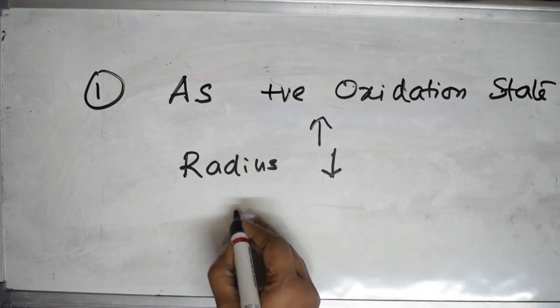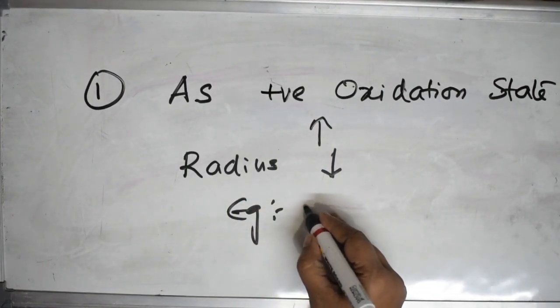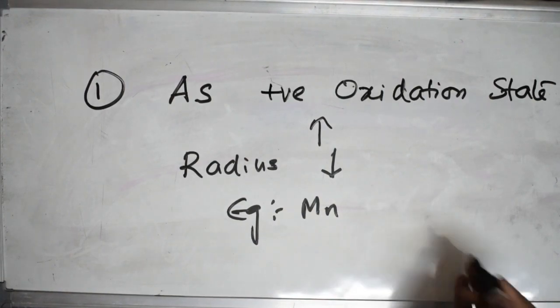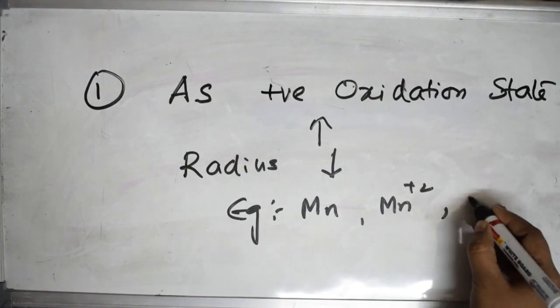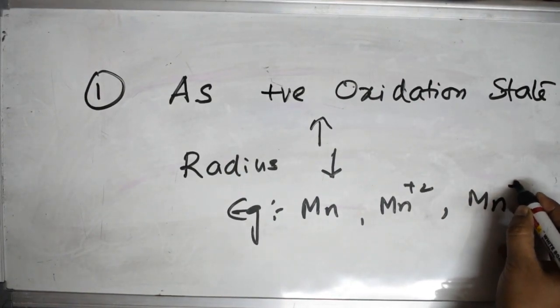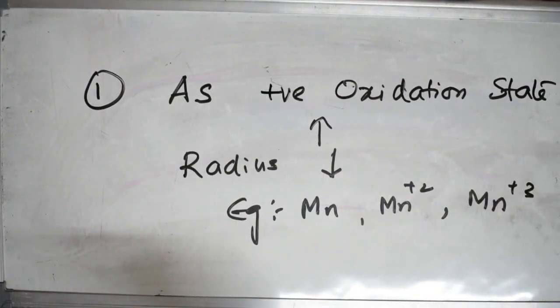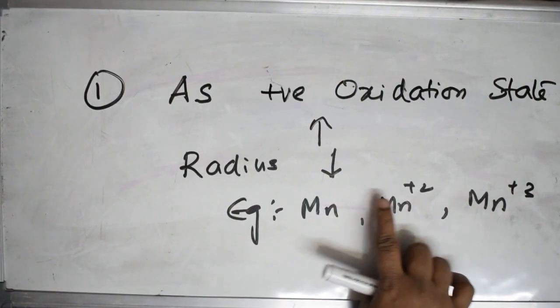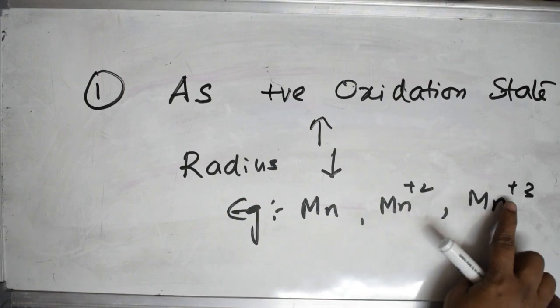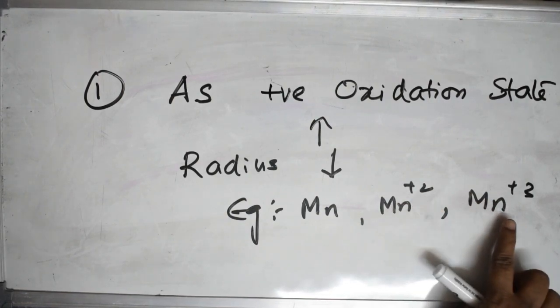How? For example, suppose manganese is here, Mn plus 2 is here, Mn plus 3 is here. Let us assume. Now I said positive oxidation state. So this is 0, this is plus 2, this is plus 3. So the positive oxidation state is increasing.